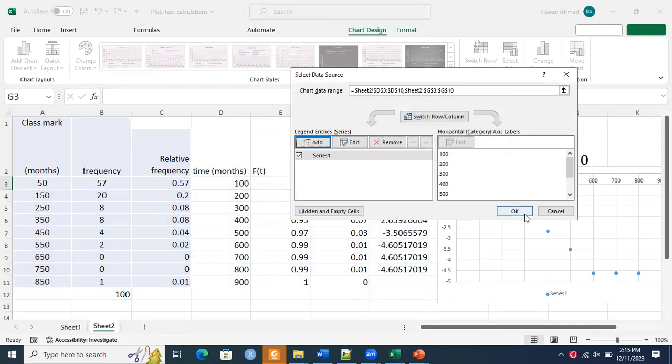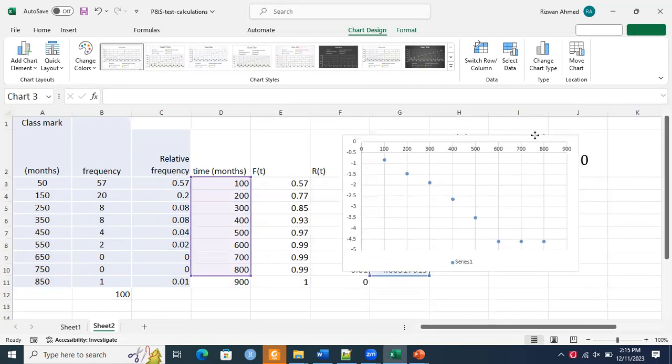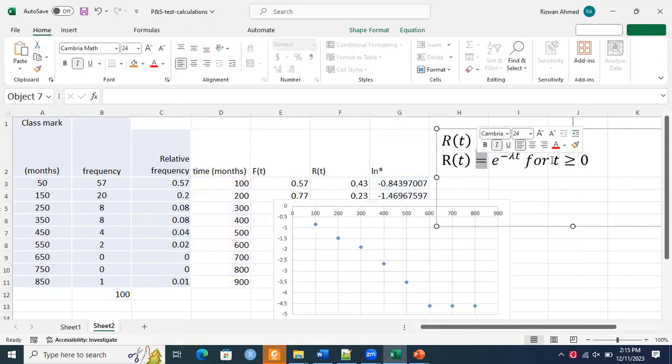So we have got approximately, for the first part, we see that there is a straight line, right? If we see this straight line closely, let me try to write the equation from here. That log of r of t, if I take the log, turned out to be minus this lambda value times t.